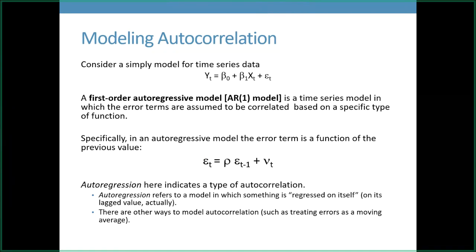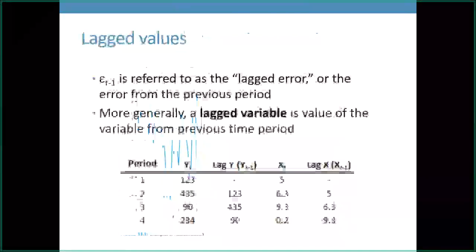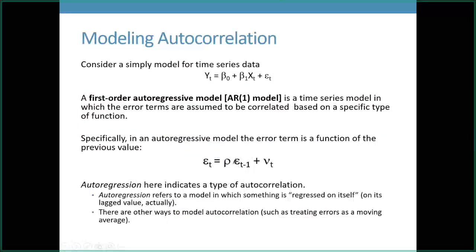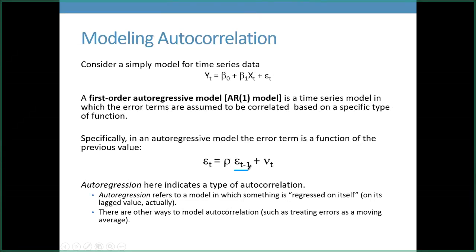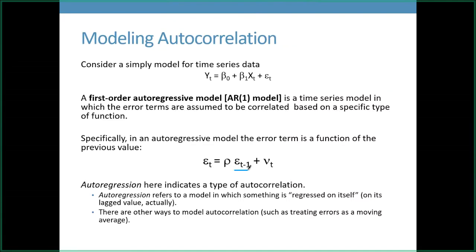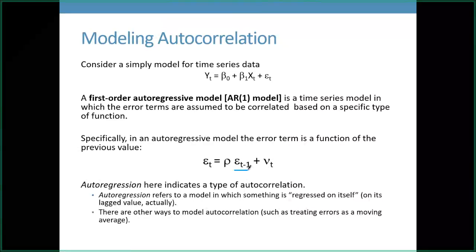In this example, rho is just related to yesterday's error term. It doesn't have to be the case that it is only one period ago that you're relating to. You could have autocorrelation across 2 periods, 3 periods, 4 periods in something like quarterly data, where you're measuring maybe your temperature 4 times a year.